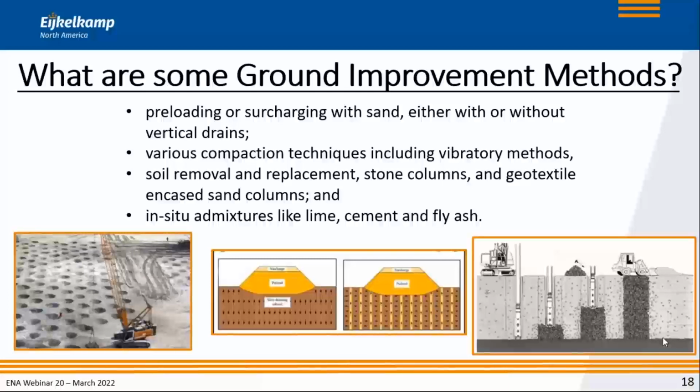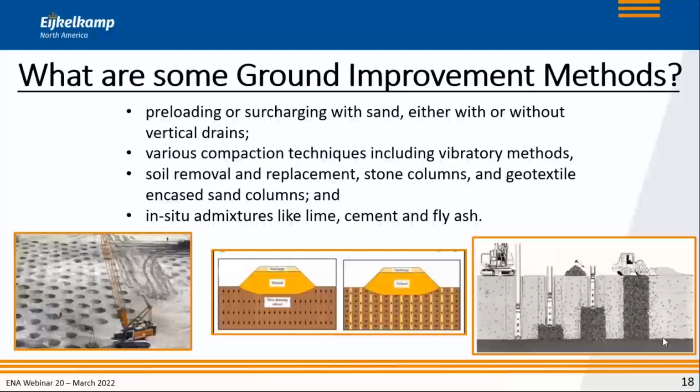But that's not the only ground improvement method that we have. You can do compaction, as is indicated on the bottom left. And there are all kinds of different compaction techniques. We have dynamic compaction, we have vibratory compaction, all kinds of techniques that will densify the soil.